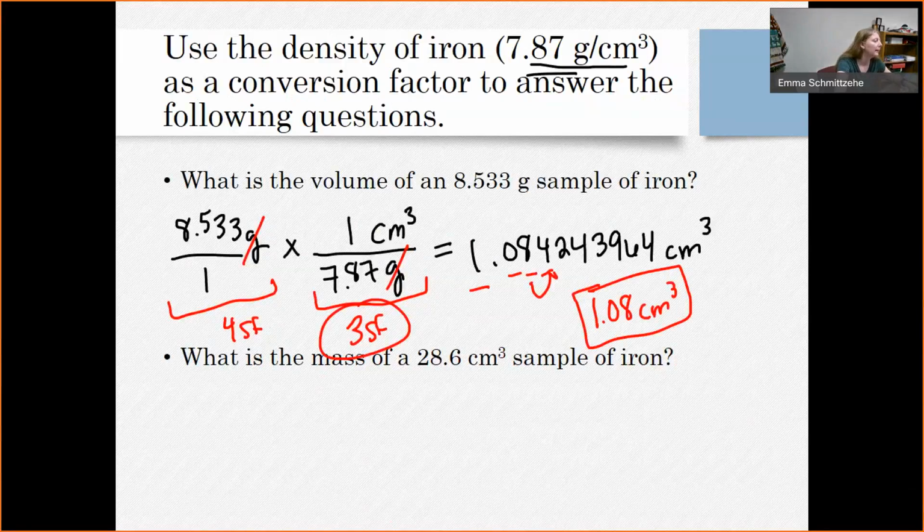Now, next one, I want to know the mass of a 28.6 cubic centimeter sample of iron. So 28.6 cubic centimeters, okay, which is a volume. And I want to convert that volume to a mass. So I'm going to set it up like dimensional analysis, okay, because I want to use that density as a conversion factor.